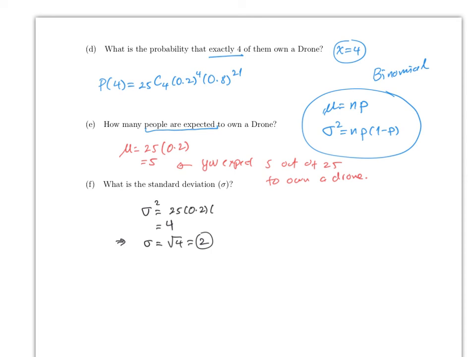Oh, this should be 0.8, not 0.4. So as far as I know, it's 4, no? Just check, just multiply. So therefore, what is the standard deviation? It will be the square root of 4, which is equal to 2.